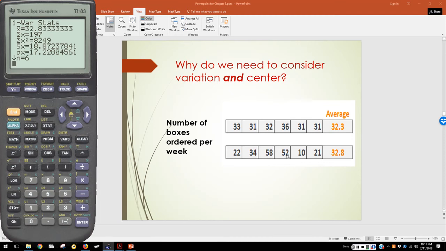And 52 minus 32.8 is 20.8 boxes difference. And then 10 compared to the 32.8 average is 22.8 boxes difference. And then 21 is actually 11.8 boxes difference. So notice there's a lot more variability in manager B's ordering methods.